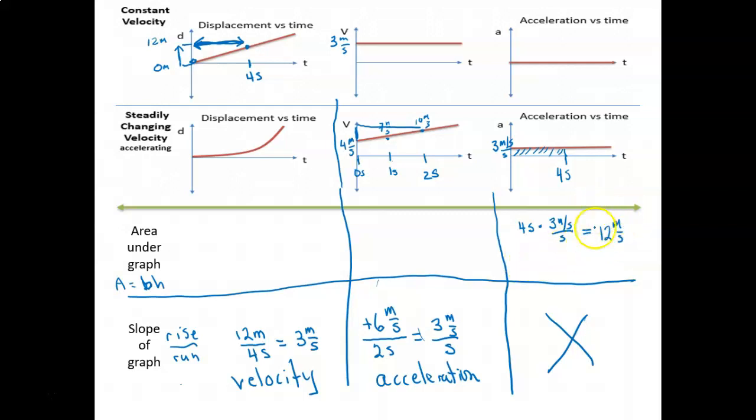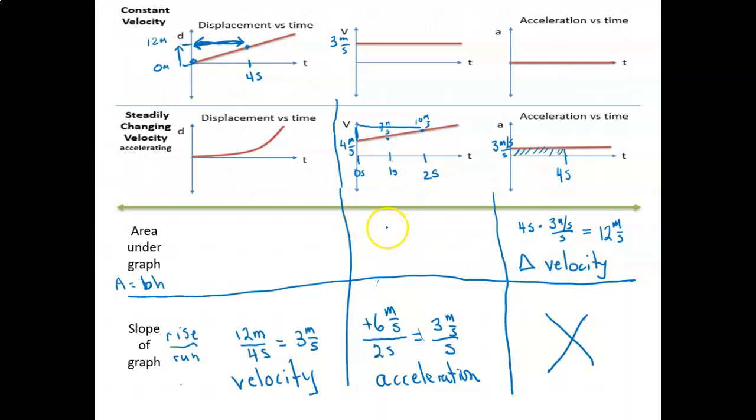And this represents the amount that our speed changed during that 4-second time period. So this represents our change in speed, or a change in velocity. So the area under an acceleration versus time graph tells us how much the velocity changed in that time period.